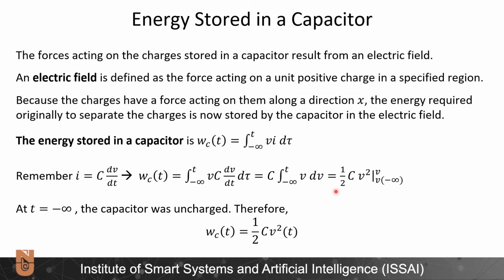The result is equal to 1 over 2 C v squared with the integration bounds v and v at minus infinity. But please remember, at time is equal to minus infinity, the capacitor is uncharged. Therefore, I can write this expression as the energy stored in a capacitor is equal to 1 over 2 C V squared.